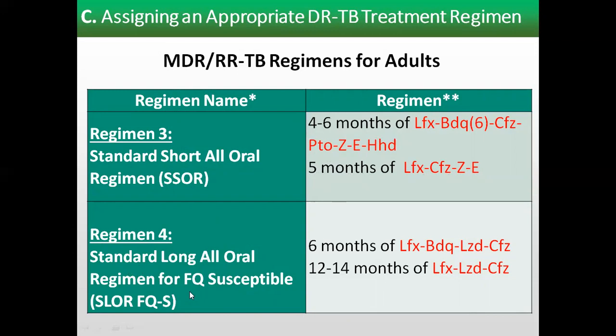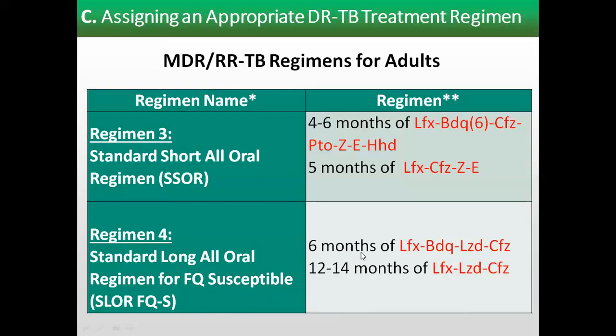These are levofloxacin, moxifloxacin. Okay, so this is for fluoroquinolone susceptible, meaning susceptible pa, pwede pa siyang gamitin for the patient. So, pwede nating abbreviation dyan is SLOR FQS. So, pwedeng as long as 18 months to 20 months naman siya.